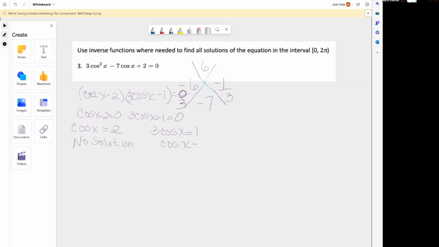Cosine x equals a third. x equals cosine inverse of 1/3. Okay, it says to use inverse functions. Well, this is an inverse function. However, back to our diagram again. Okay, this is positive.